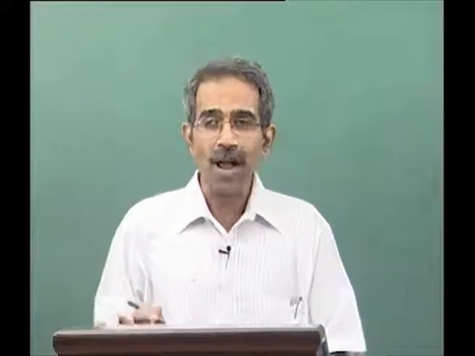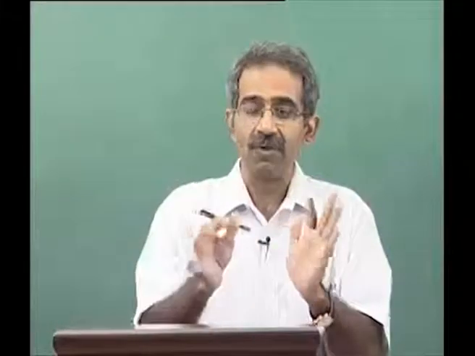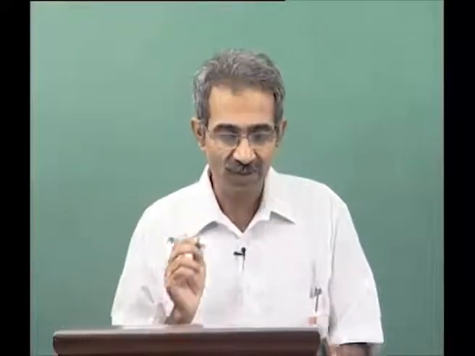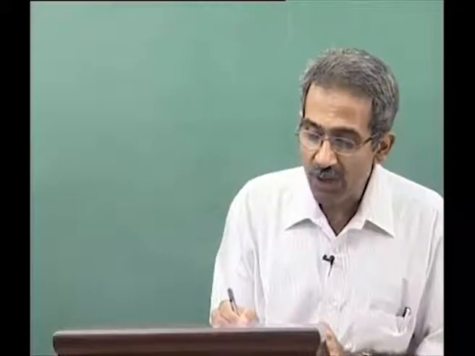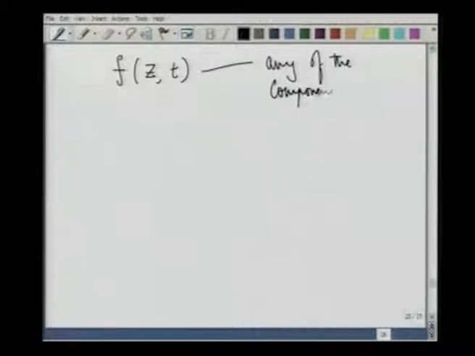Therefore, now I am going to look at a very, very simplified situation compared to the original general equation that I have written, and we will start working out the consequence. So, what I will do is I will look at a function f, and I will say it is a function of only two variables z and t. This f can be any of the components of the electric or magnetic field, because all of them satisfy the same equation.